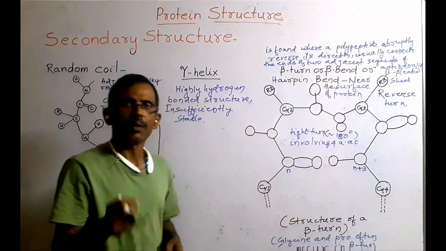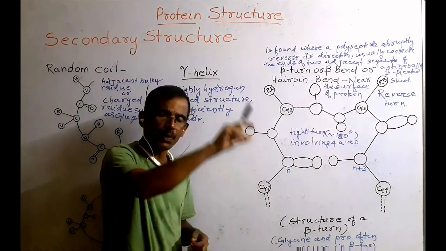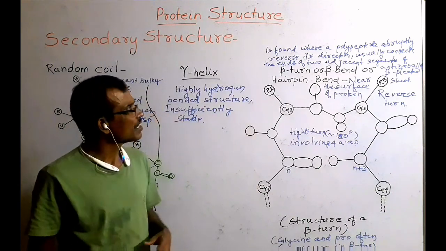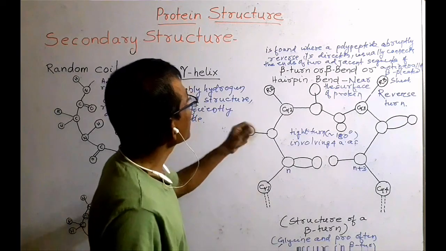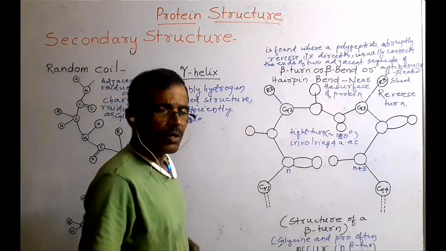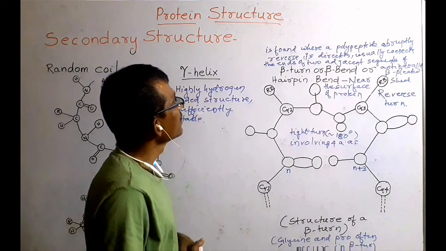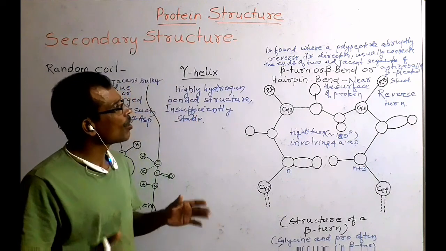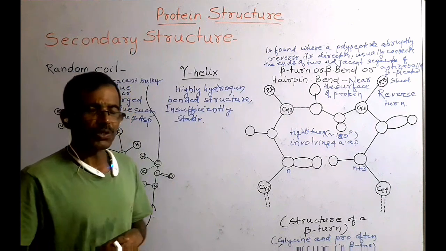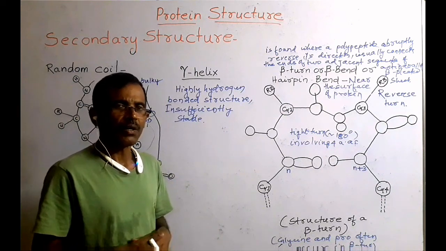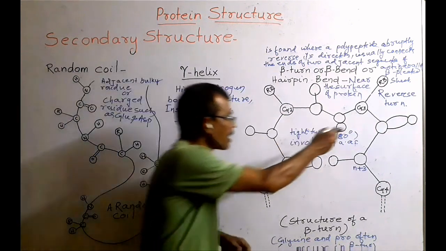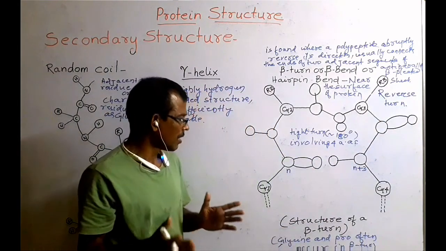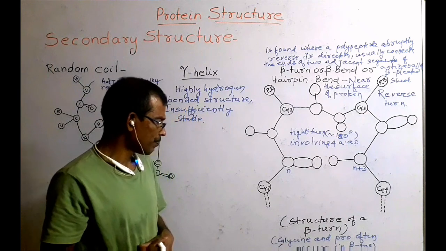So where the polypeptide chain abruptly reverses direction, at that place we can see the presence of beta turn. Beta turn usually connects the ends of two adjacent segments of anti-parallel beta-pleated sheet. This beta turn, which is also known as reverse turn, is usually present on the surface of protein.